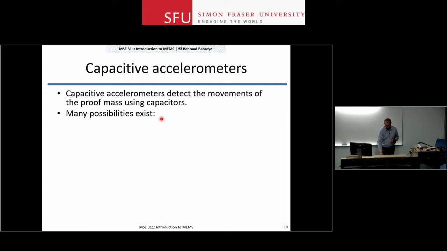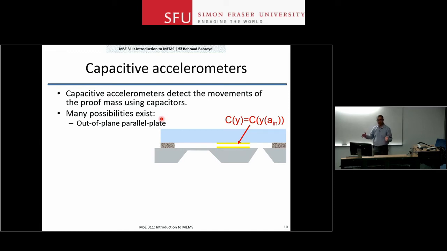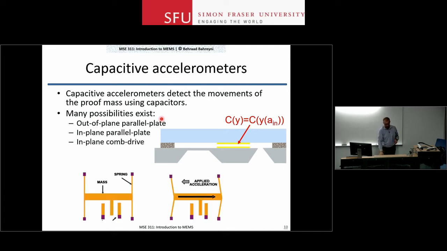Now, in terms of how you can do it, out of plane is one possibility, right? So for that same piezo-resistive structure, if I put an electrode on top of that proof mass, I can measure the delta X directly. I can have two electrodes in plane that are going back and forth, so if it is in-plane displacement, I can measure it with two parallel electrodes.